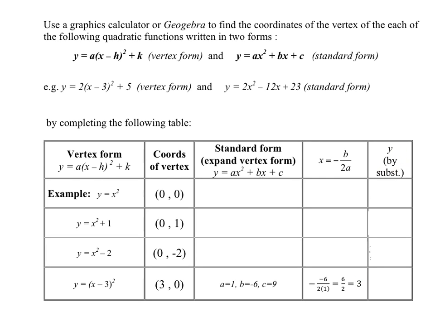If we want to know the y-coordinate, we can take that 3 and put it back into this equation here. So it's going to be 3 minus 3 all squared, which would be equal to 0. And that gives us 3, 0 as the coordinates of the vertex.